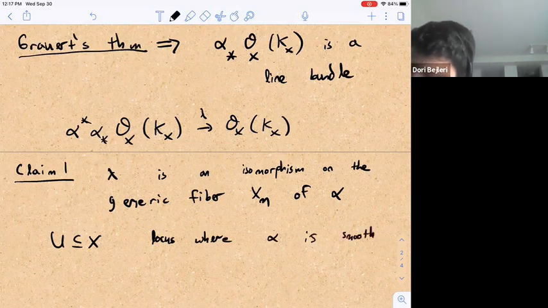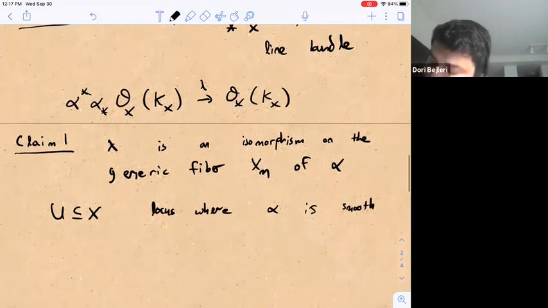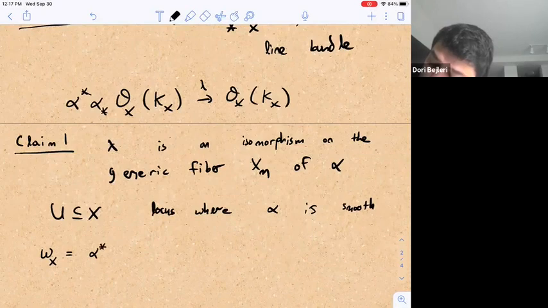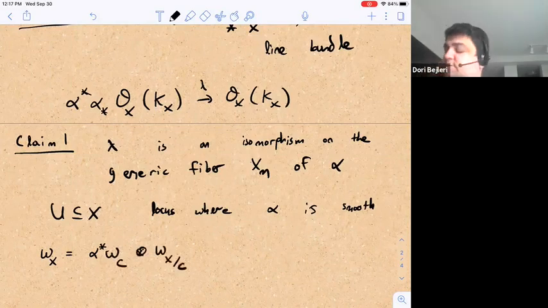Then on this locus, well, we always have this formula in terms of relative canonicals, that the canonical of X is the pullback of the canonical on C tensor with the relative canonical, essentially the definition of the relative canonical.